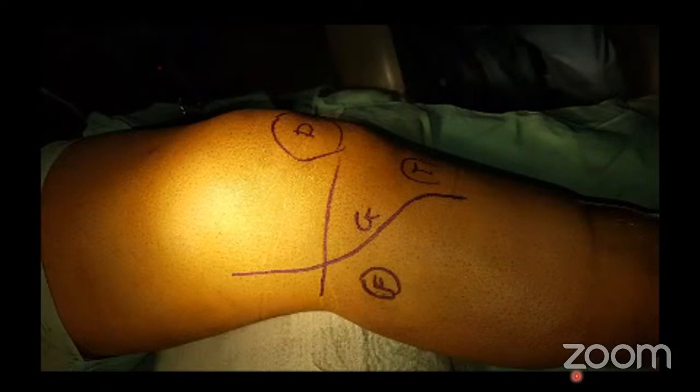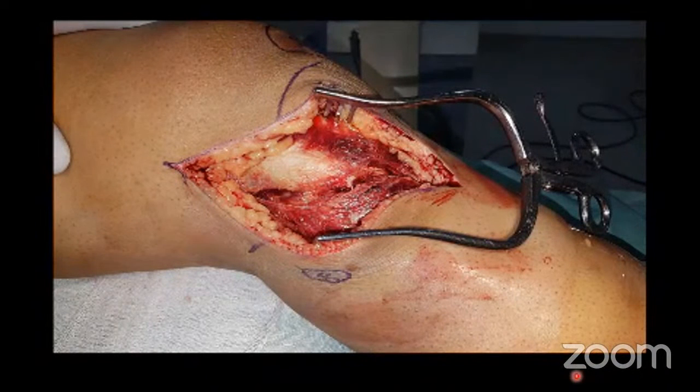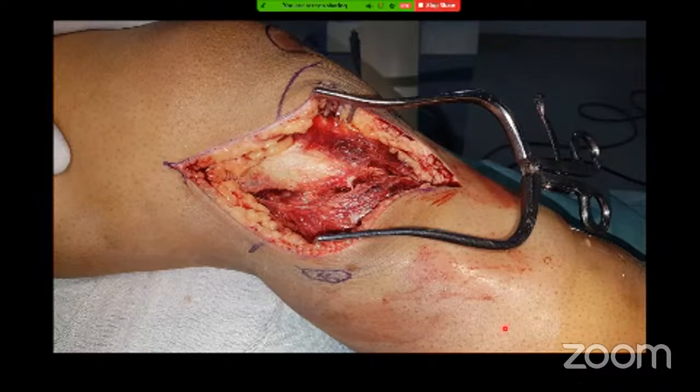You take the knee, keep a bolster under it with a little gentle flexion, then take a curved approach over the girdle. This is how the initial exposure is. Then you come over the leg.